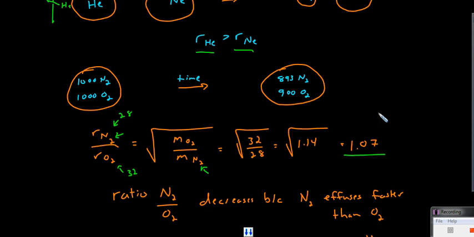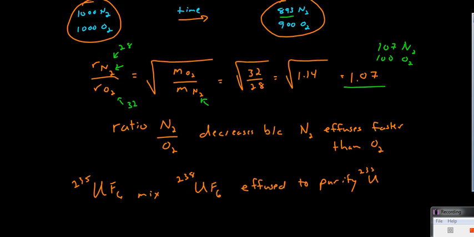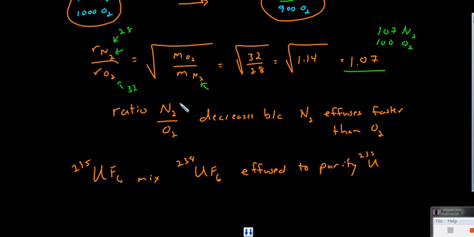Hence, we can expect that 107 nitrogens will leave for every 100 oxygens which will leave the balloon. Over time, perhaps you get 893 of those 1,000 nitrogens remaining and 900 of those 1,000 oxygens remaining. And so the ratio of nitrogen to oxygen will decrease because nitrogen is going down faster than oxygen does.